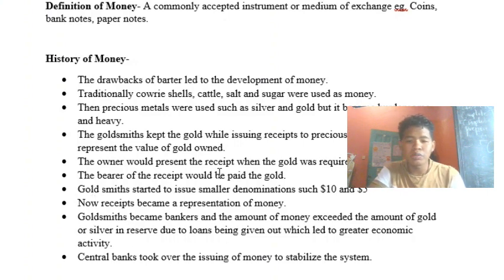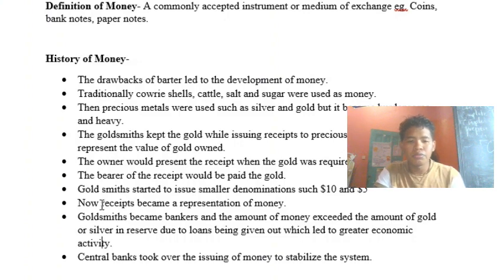Goldsmiths started using smaller denominations such as $10 and $5, and that really gave rise to the idea of putting a certain amount of gold coins, which would be substantively more expensive than silver or even copper coins, and that is how we developed that ladder of value as we have today with the different forms of paper money in today's society.